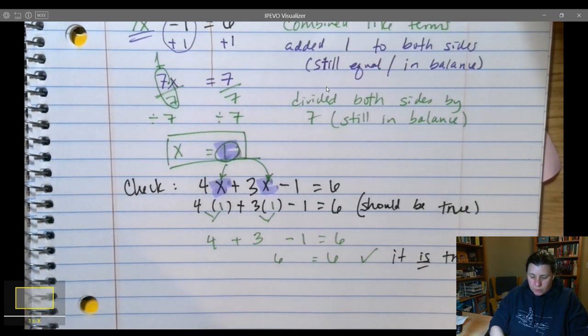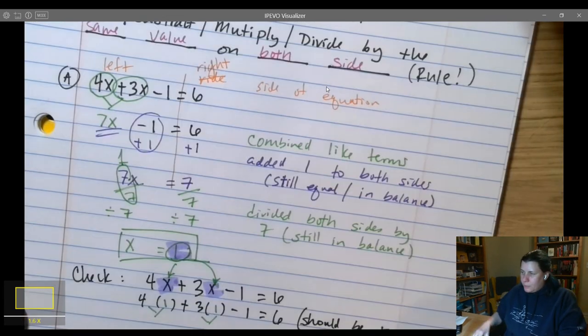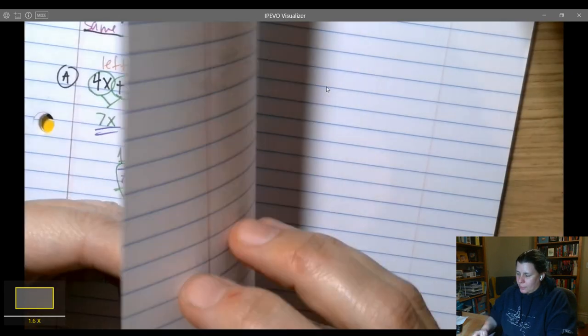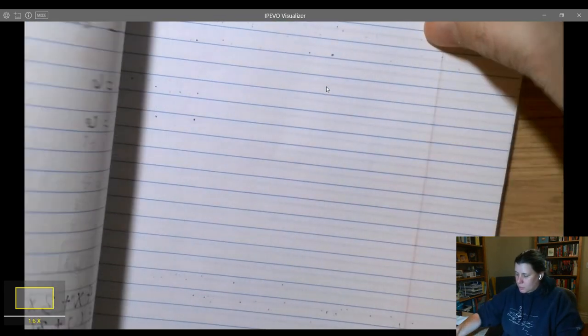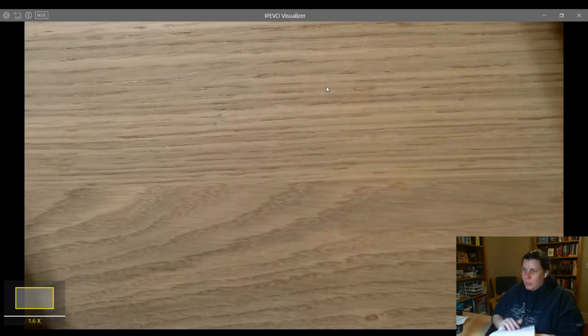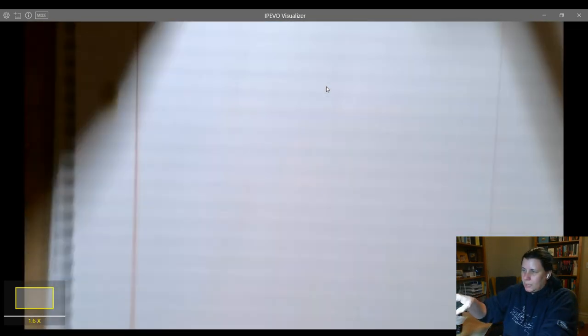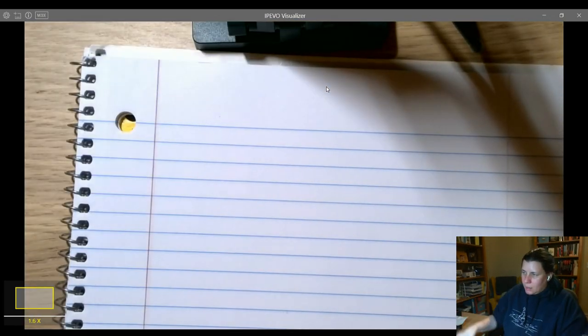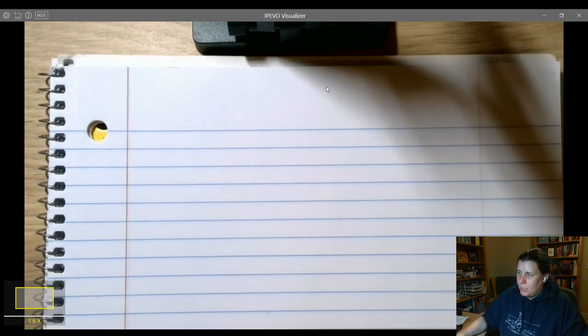All right. So let's do another example. For this example, what I'd like you to do is try it on your own. And in the Edpuzzle, type in the answer that you got for x.